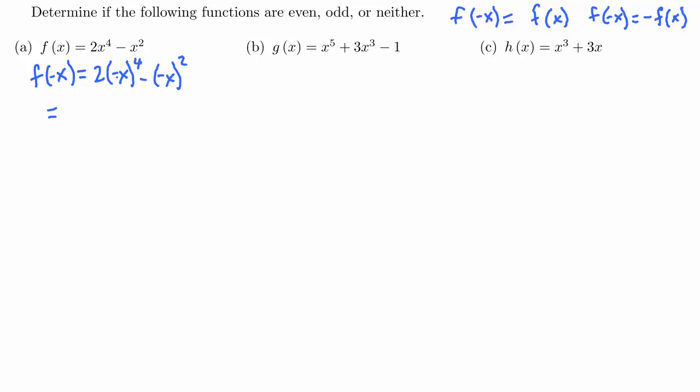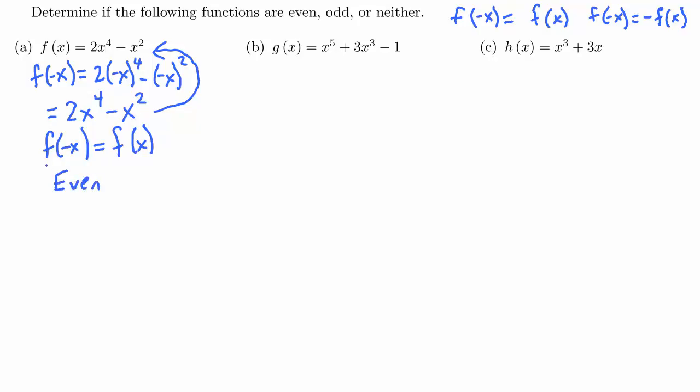So this doesn't change the sign, so it is 2x to the fourth power, and this doesn't change the sign, so this is negative x squared. Now notice that this and the original are the same. That means that f of negative x is the same thing as your original function f of x, and that is the definition of even.